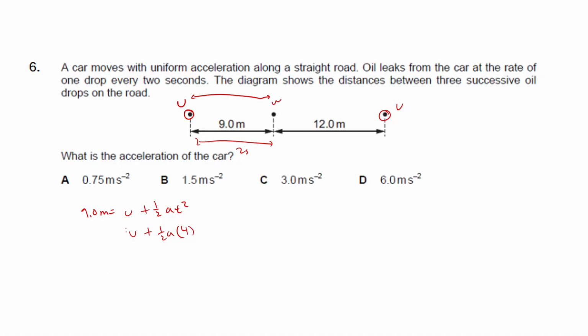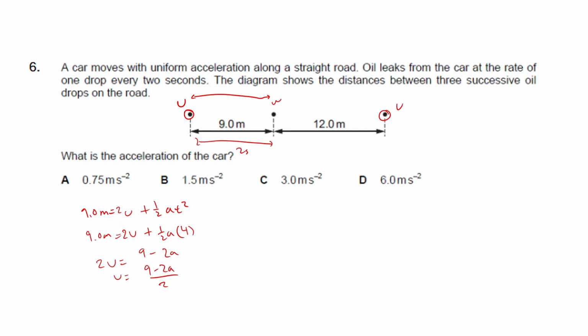Sorry, it is equal to 9 meters. Then you get U is equal to 9 minus 2a. I should also say that I forgot a 2 in the beginning here because it's actually UT. So then U is equal to 9 minus 2a, divided by 2.